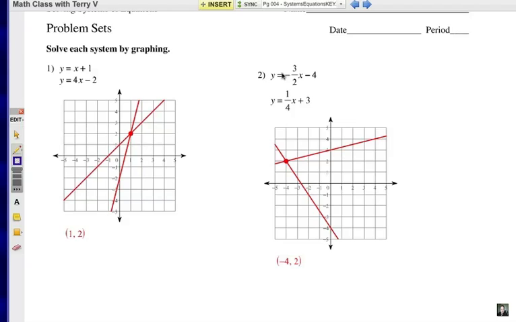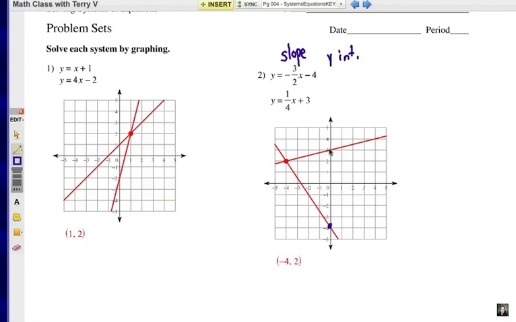All right, in the first equation, notice that the slope is -3/2 and the y-intercept is -4. So that would be this line right here. From -4, we go over 2, up 3, over 2, up 3, and so on. In the other one, we have y equals 1/4 x plus 3, and that will be a positive slope of 1/4 and a y-intercept of 3.